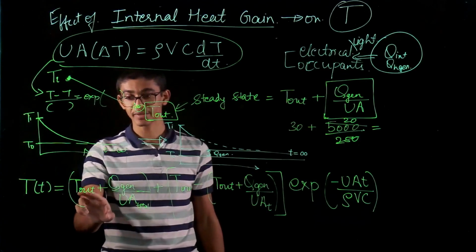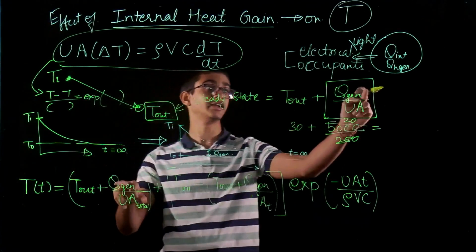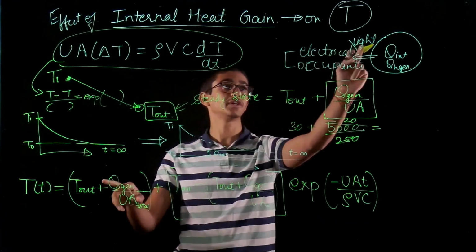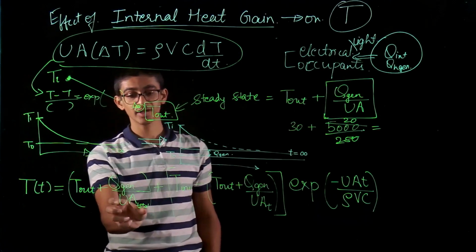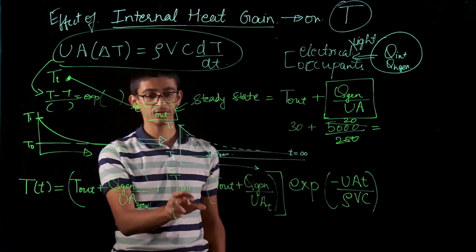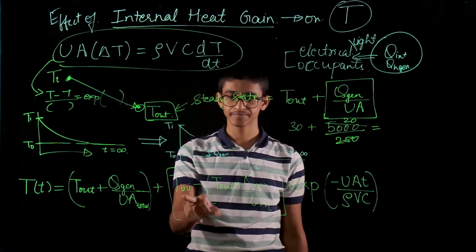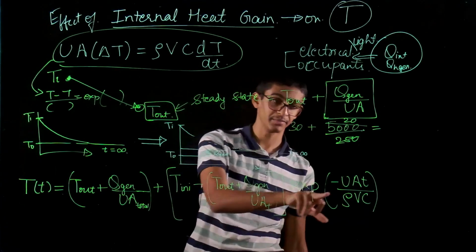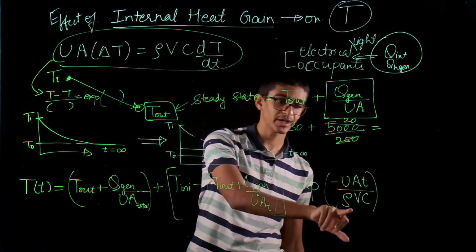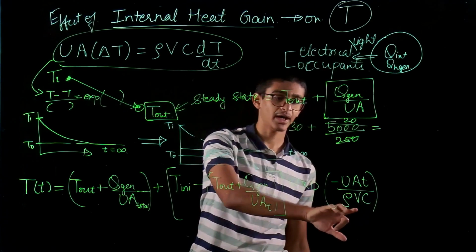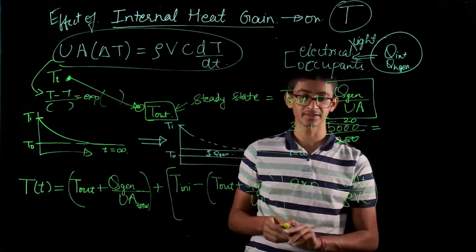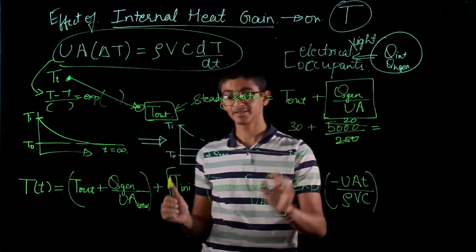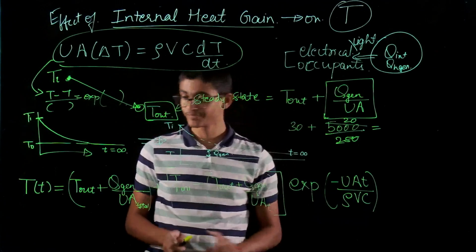If we had an outside temperature of this much, and there's an internal heat gain from electrical equipment, lights or occupants of value Q gen, my UA is the building envelope UA value, with initial temperature Ti and outside temperature T out. After some time t, rho VC are from the density and the volume of my building or the concrete which I am considering, and C is the specific heat capacity of my system.